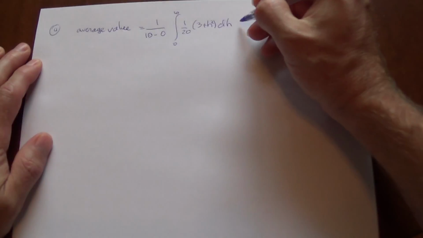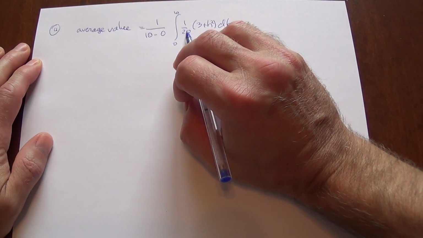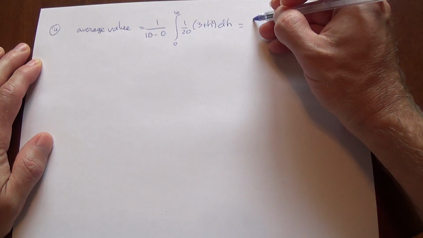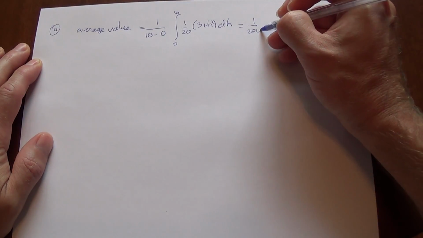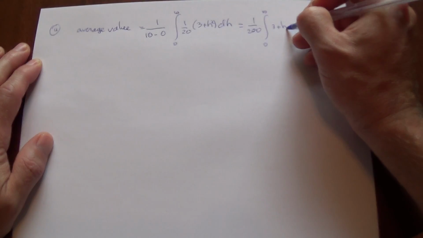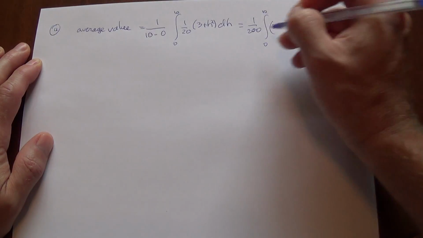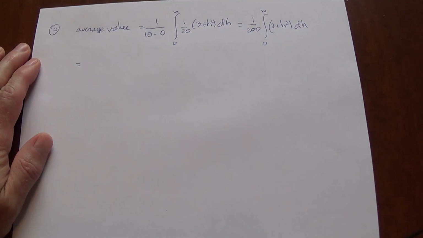Pretty straightforward question here. So this is 1/10, this is 1/20th. This 1/20th can be taken outside, so we get 1 over 200 times the integral from 0 to 10 of 3 plus h squared dh. It's a very simple function to integrate.